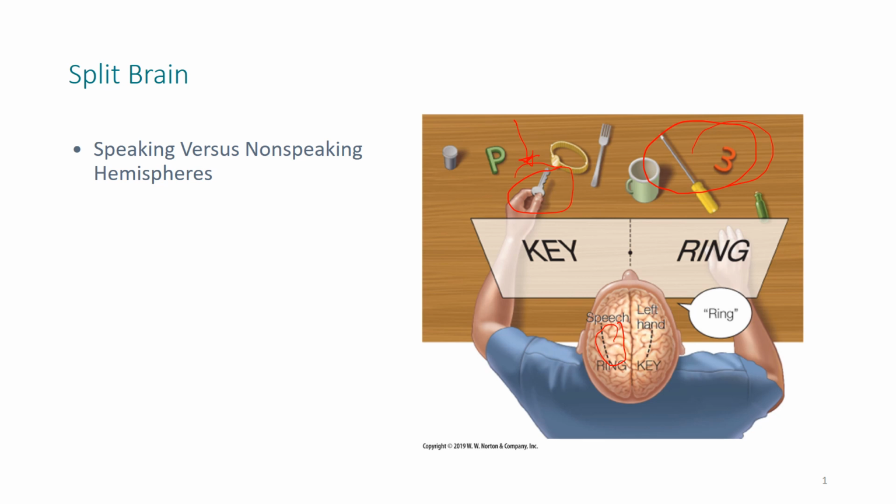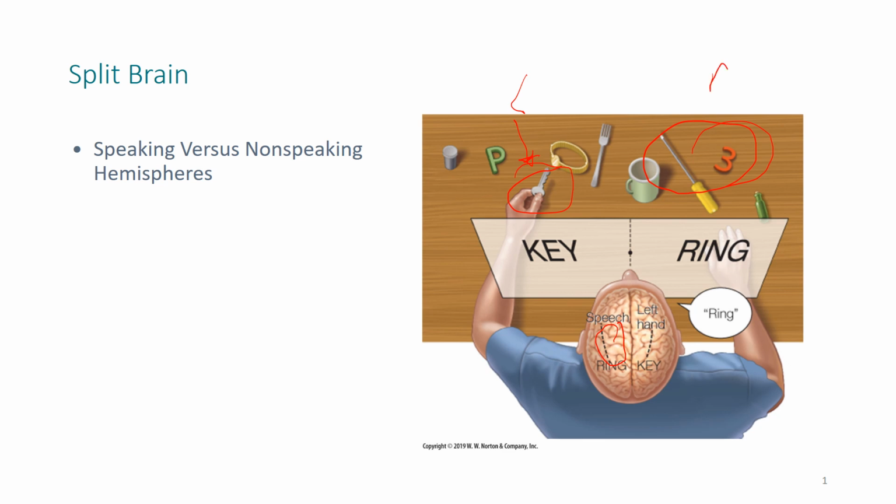So when you present anything in the right visual field to the patient, they will be able to speak and tell you, I saw the mug, the cup, the screwdriver, number 3. But if you show it to the patient in the left visual field, I'm so sorry, this is left, this is right.